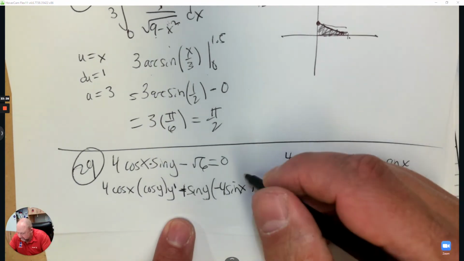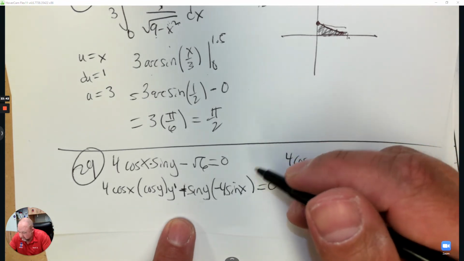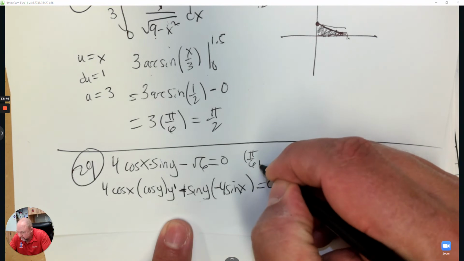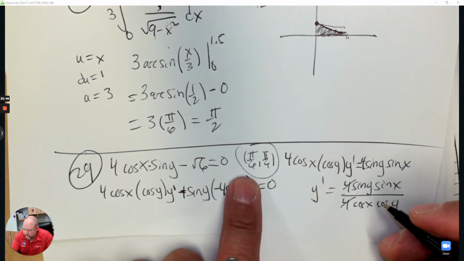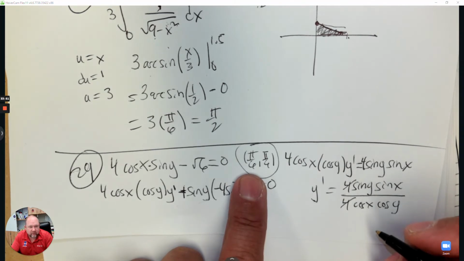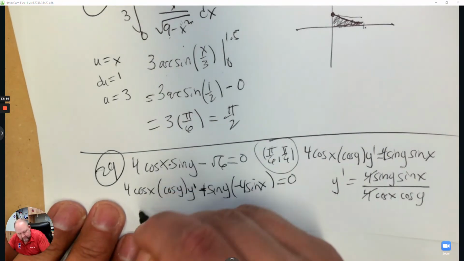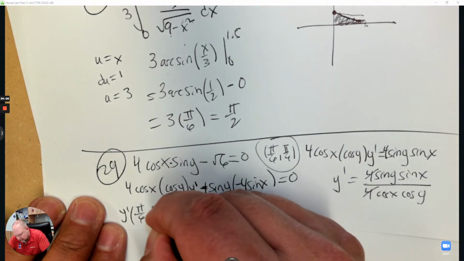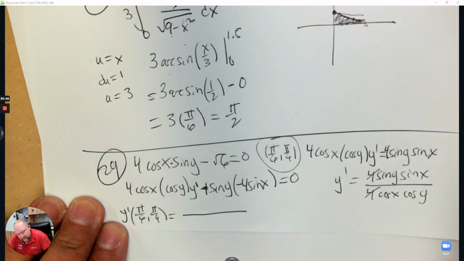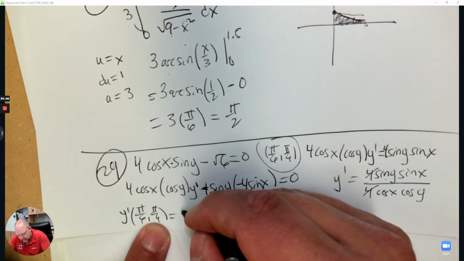And then I have a point to plug in, which is at pi over 6 and pi over 4. So this is the x coordinate and this is the y coordinate. So the derivative at pi over 6 and pi over 4 equals, so the value of sine at pi over 4, let's just write it in.